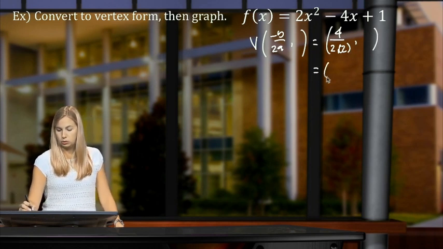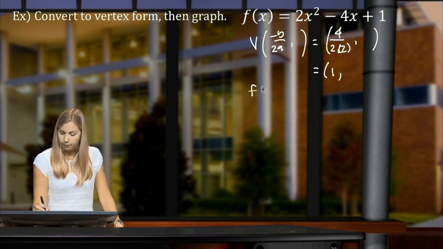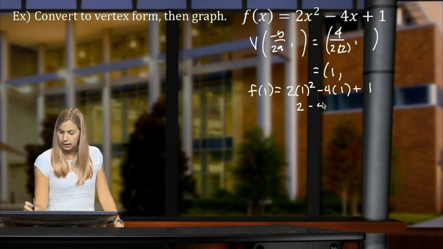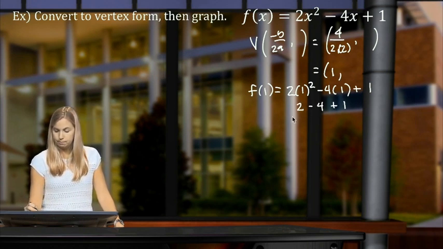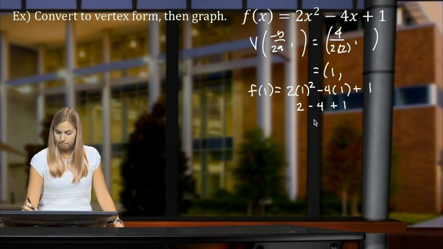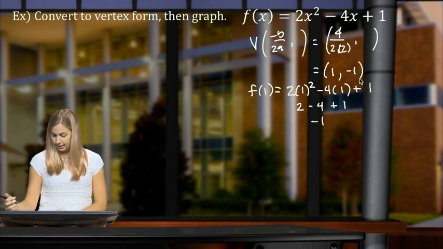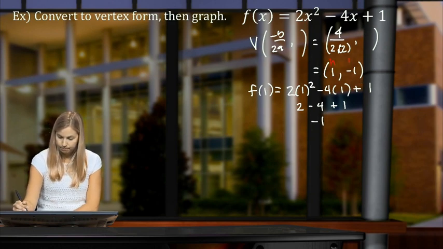And 4 divided by 4 is 1. And when I plug in 1, f of 1 equals 2 times 1 squared minus 4 times 1 plus 1. We have 2 minus 4 plus 1, negative 1. So that's our vertex. This is our h and our k.